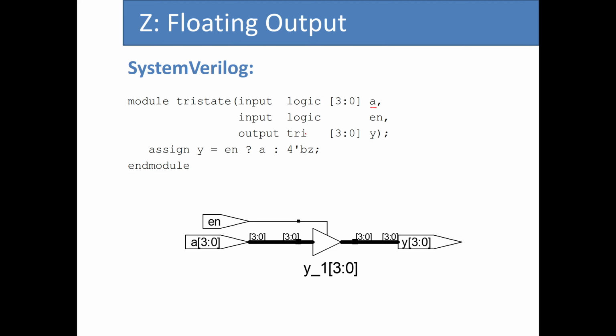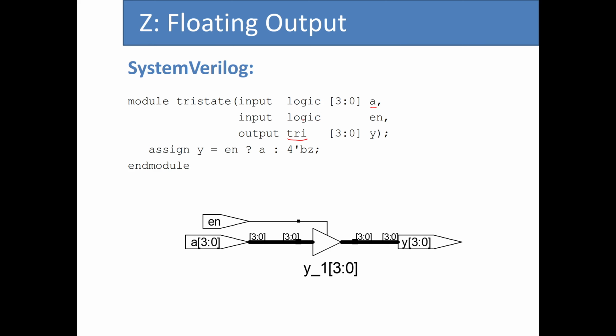But one thing that is different now is that instead of logic, we are using this keyword tri. So that tells SystemVerilog that the type of this y is not only logic, it's not only 0 or 1. It has a third state too, or it is a tri-state output. Right? So this is very important.